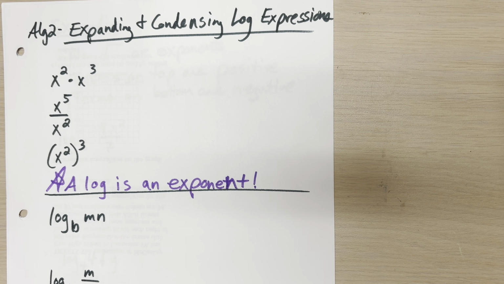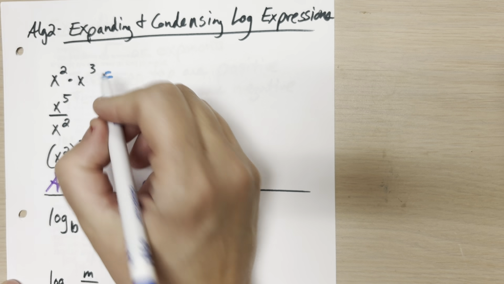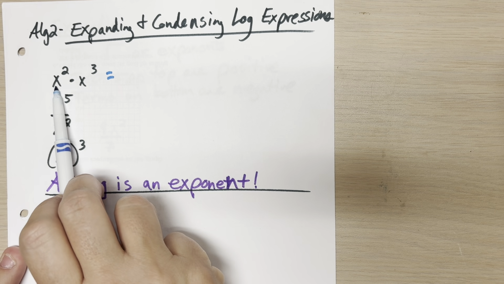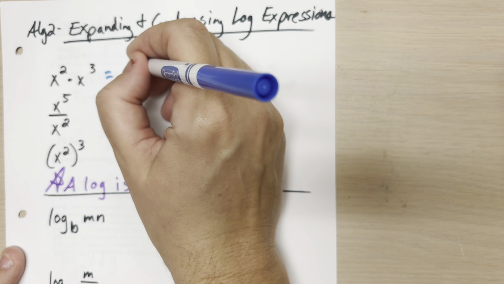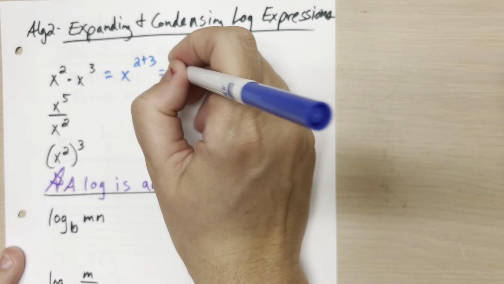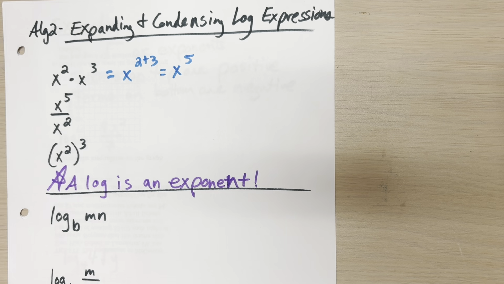So we're going to start just with a little refresher of the properties of exponents. Think back to dealing with exponents and simplifying expressions. So I have x squared times x to the third. We know to keep the base and add the powers or exponents. So this is x to the fifth.